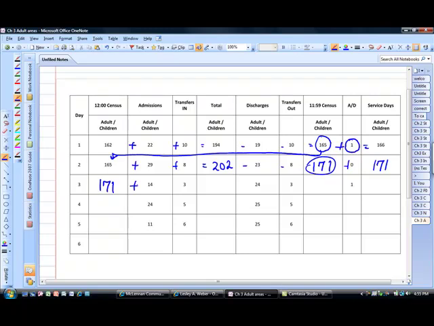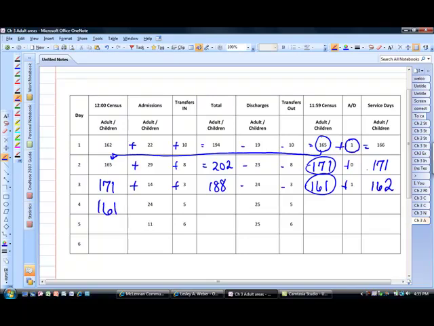We go ahead and add the 14 and the 3 that were transferred in for a total of 188. We subtract the 24 that were discharged and the 3 that were transferred out for a total of 161. We add the 1 that was admitted and then discharged for a total of 162.